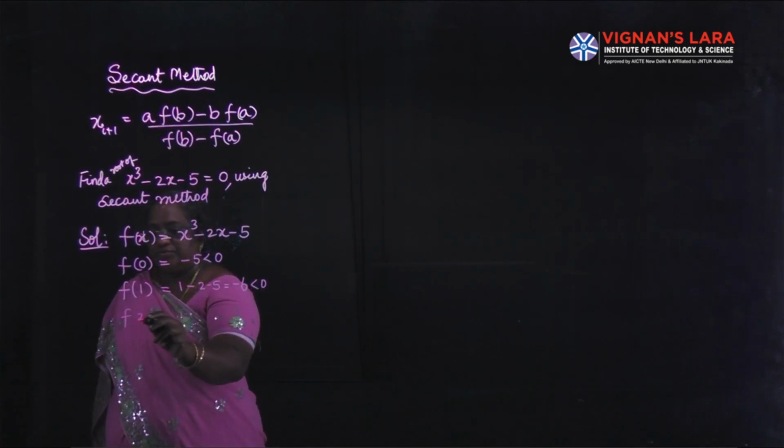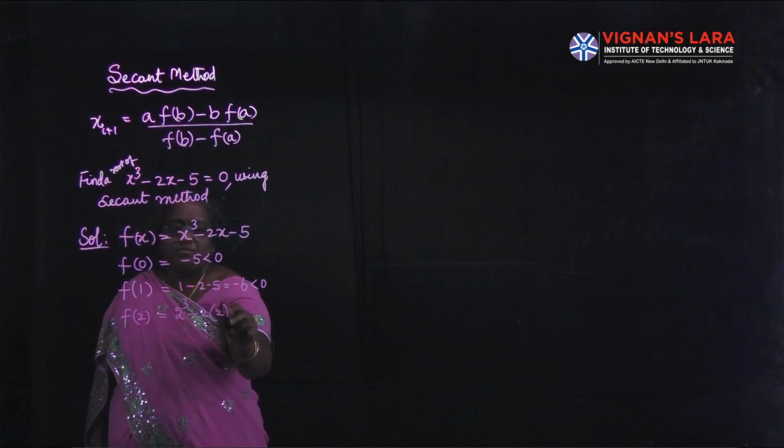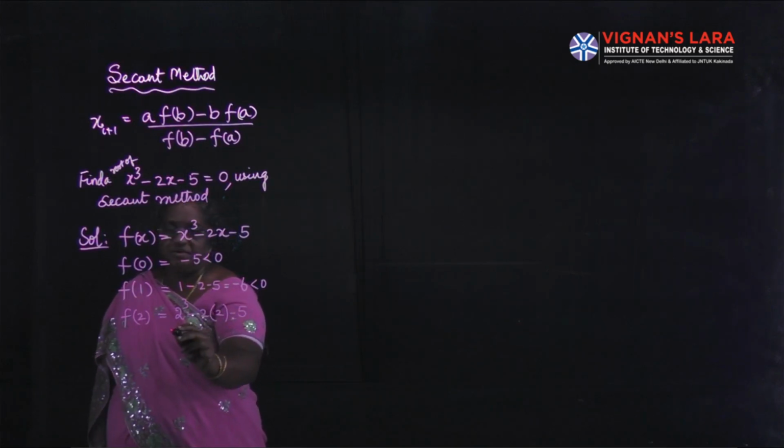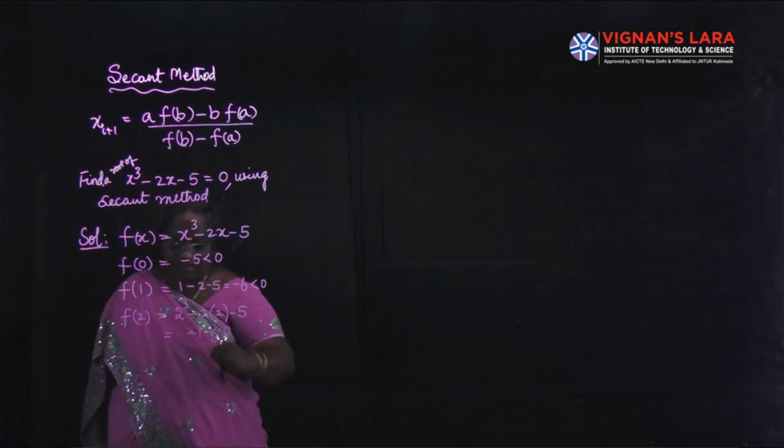Next, f of 2 is equal to 2 cube minus 2 into 2 minus 5. So this is 8 minus 4 is 4, 4 minus 5 is minus 1. Still it is less than 0.